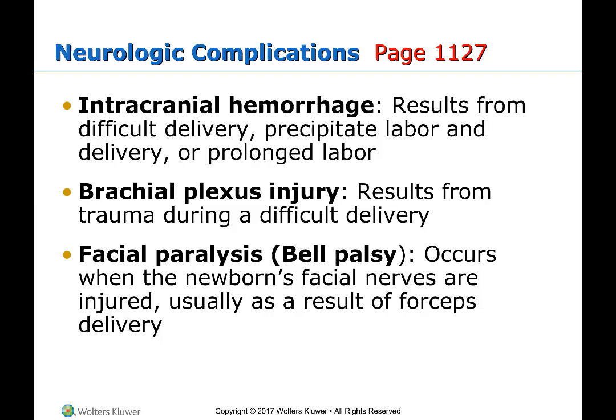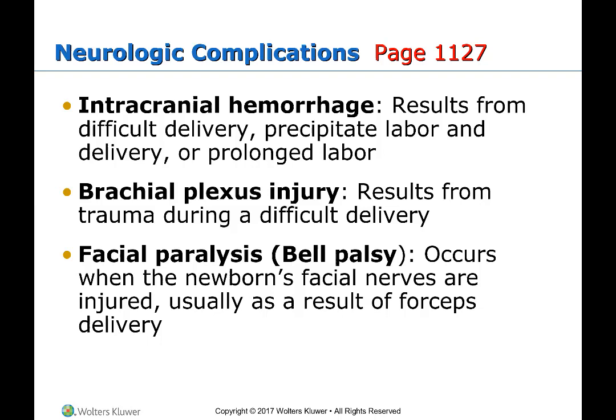So if a baby did have intracranial hemorrhage, what could be the result of that? What are the effects? And it says that the complications that can result could be brain damage, so a CVA, cerebrovascular accident, cerebral palsy.